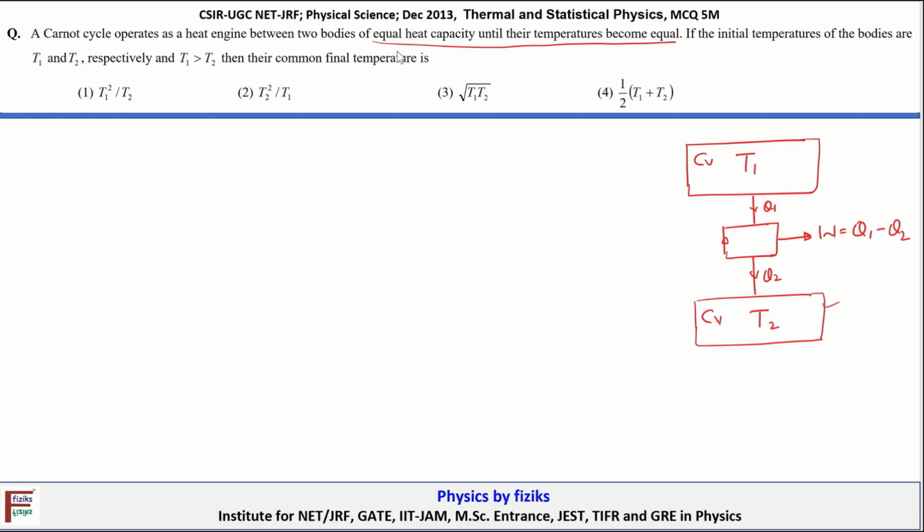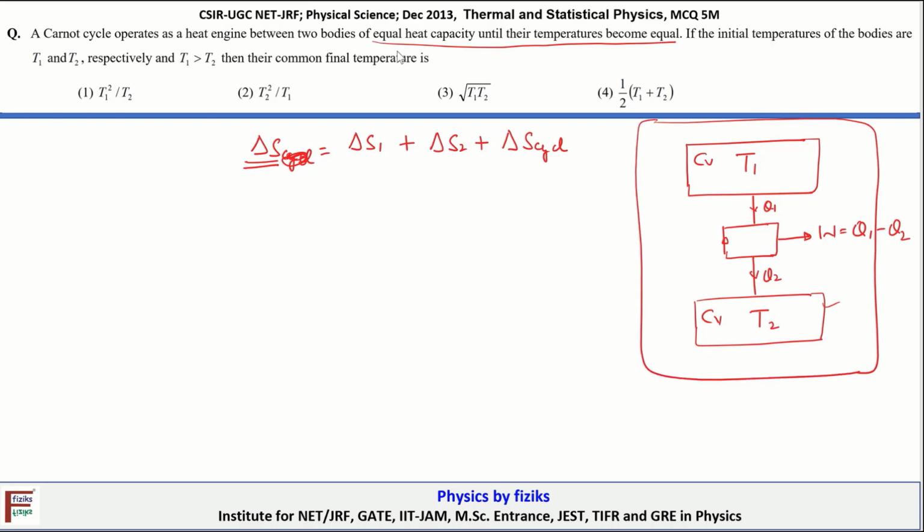So the net entropy change for the cycle, because it's a reversible cycle, is given by delta S, which is equal to delta S1 plus delta S2 plus delta S cycle. I will explain what delta S1 and delta S2 are. Here delta S denotes the total entropy change for this entire system I'm talking about.